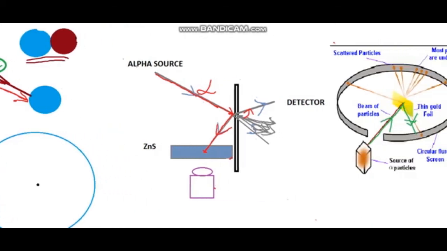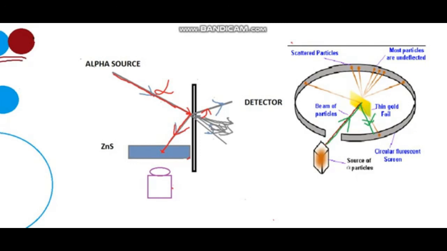The schematic of their experiment is shown here. We have an alpha source here. I didn't include that picture, but there is an alpha source, and we have a metal plate here, and then we also have a detector here.